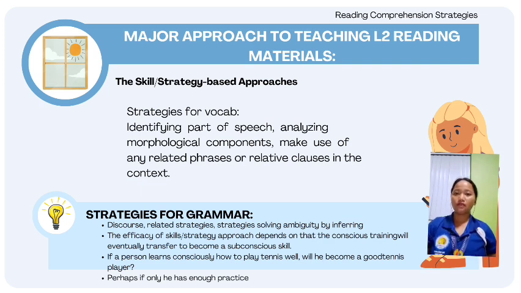Third is inferring meaning from context instead of relying on direct translations. So the goal of strategy-based learning is that conscious practice eventually leads to automatic skill use. For example, if someone consciously learns and practices tennis techniques, they will only become a skilled player if they continue to practice until these techniques become second nature.